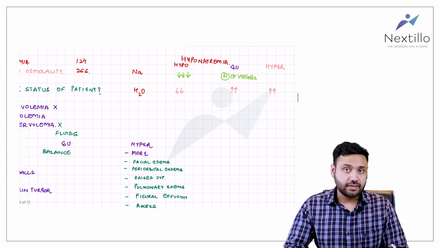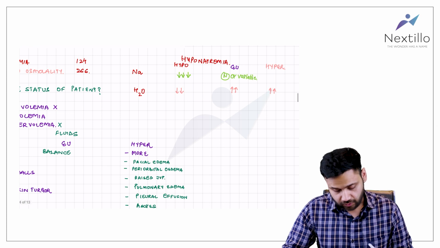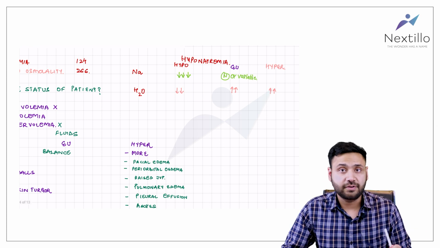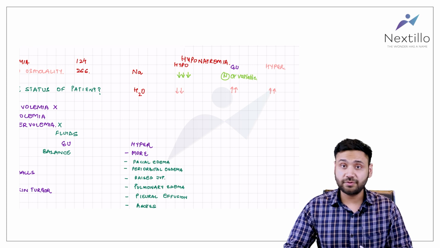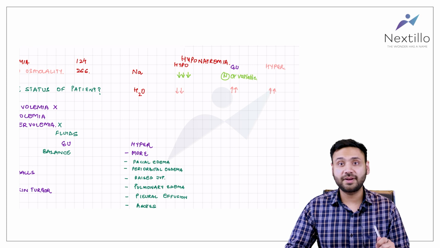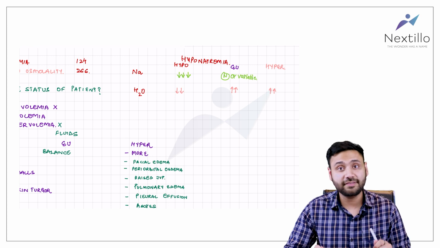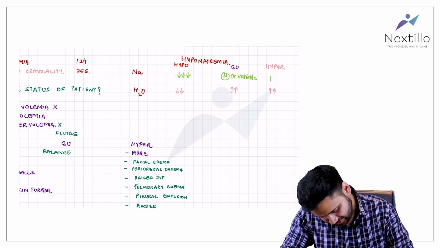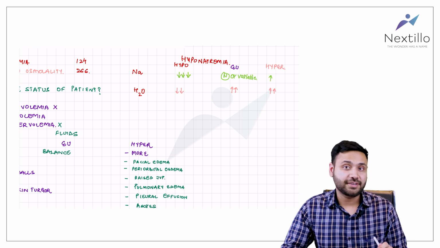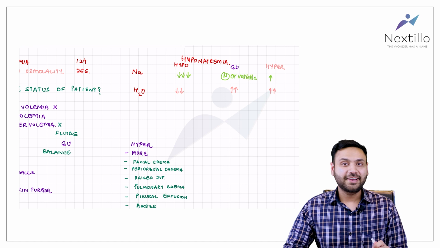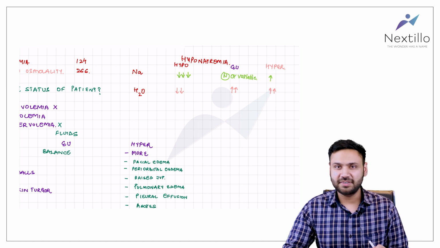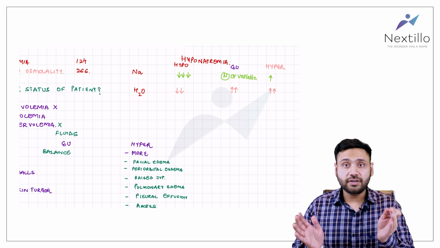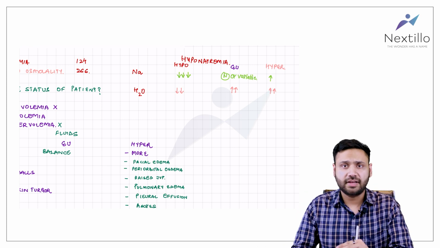Now, if there is hypervolemia and the water content is high, the sodium content of the blood or the body is high. But there is the trick here because in hyponatremia with hypervolemia, what would you expect? Hypernatremia? No, because the water content is much higher as compared to the sodium, you would get hyponatremia.